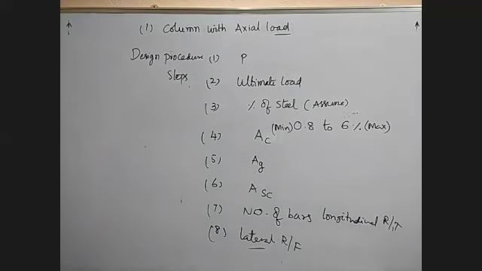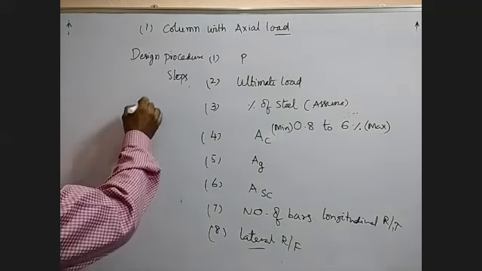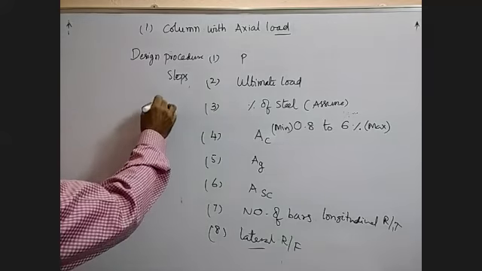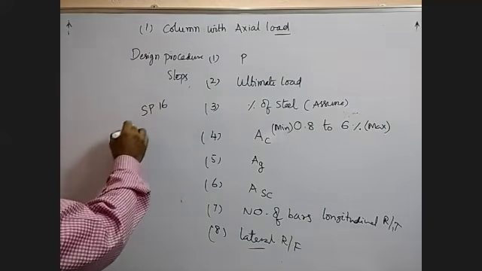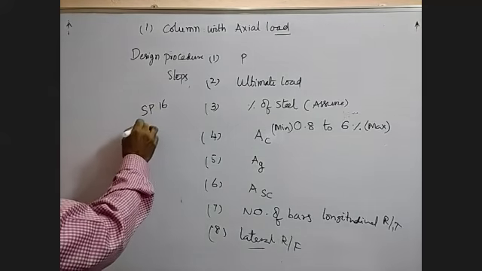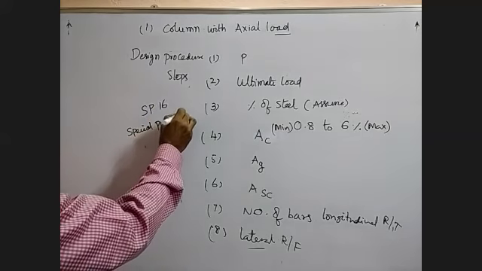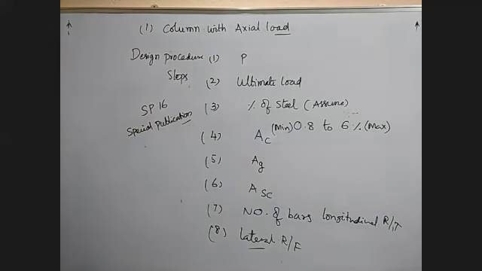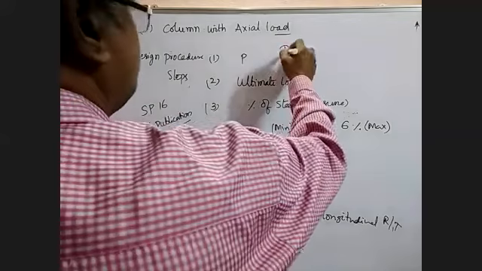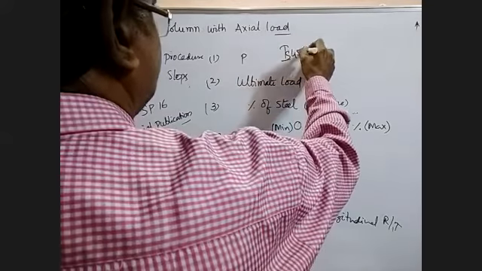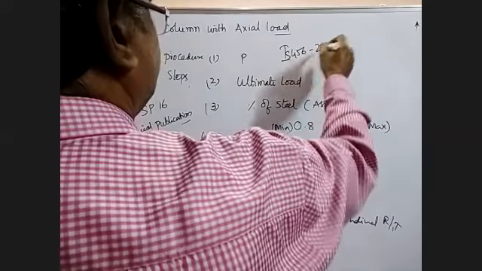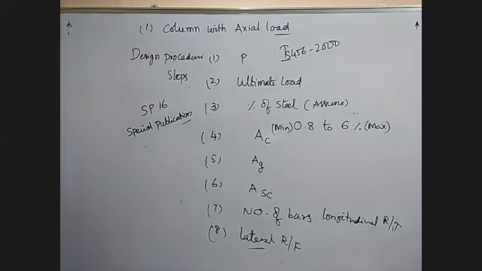So here the important thing is, you have to use the SP16 code book. SP means special publication. So normal codes you have IS 456 2000, like this. You have IS 800 2004, something like the steel code.